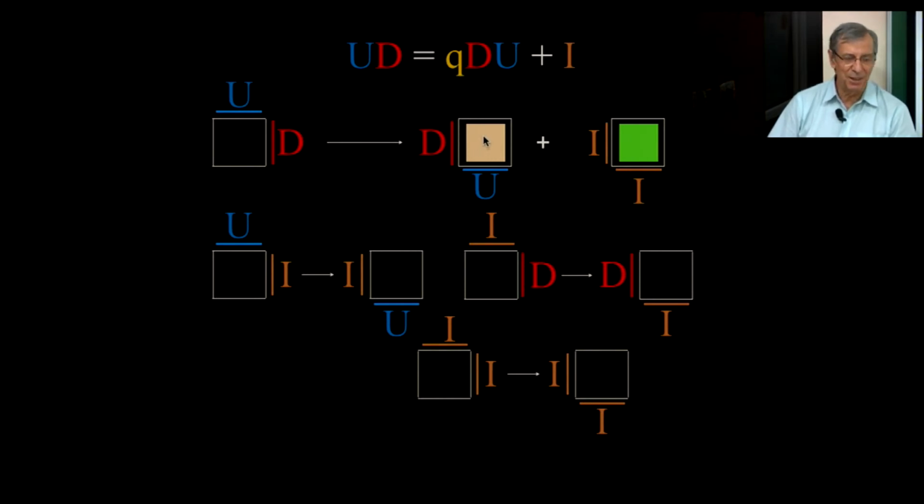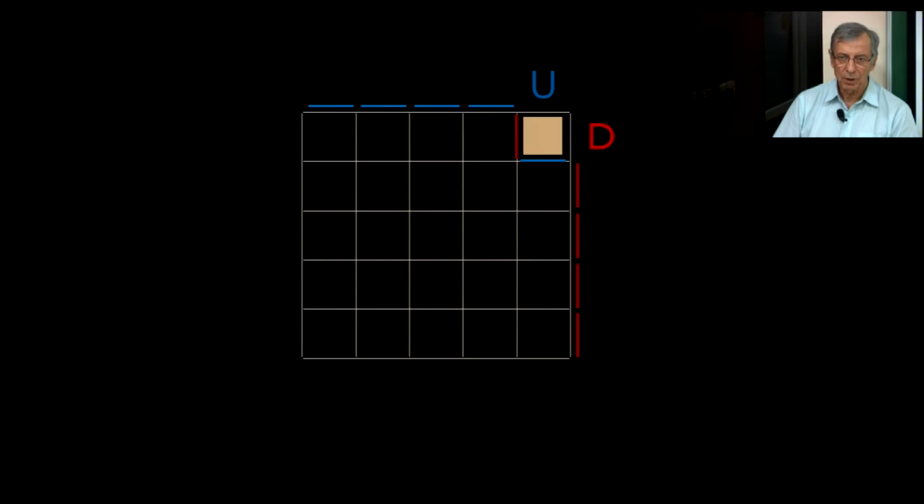When I do this rewriting, I will remember it with the yellow square. If I do this rewriting, I will put a green square to remember which rewriting I have chosen. So here UD equals QDU, then UD equals QDU, and now UD equals identity.